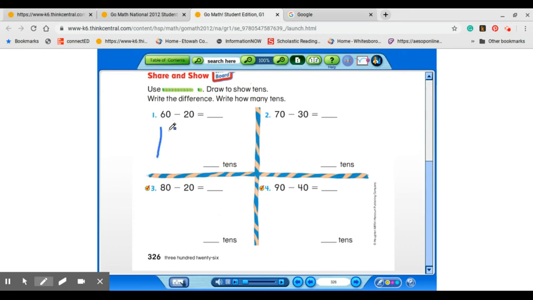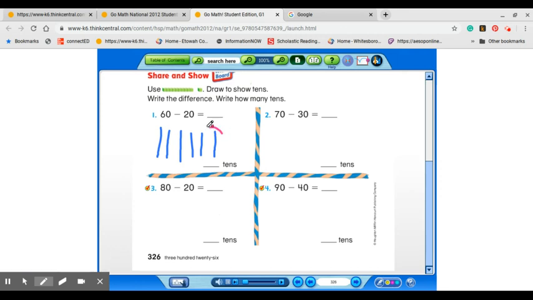1, 2, 3, 4, 5, 6. Okay, now we will take 20 of those tens away. I am going to change colors to help you to see this a little better maybe.